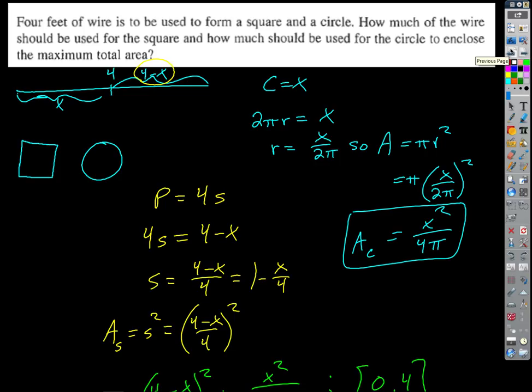And the perimeter of the square was going to be 4 minus x. Well, we could have reversed it, but it doesn't matter. The answer would have been the same either way. The answer would have been the value of x that gives everything to the circle and nothing to the square. It's arbitrary which one we chose.